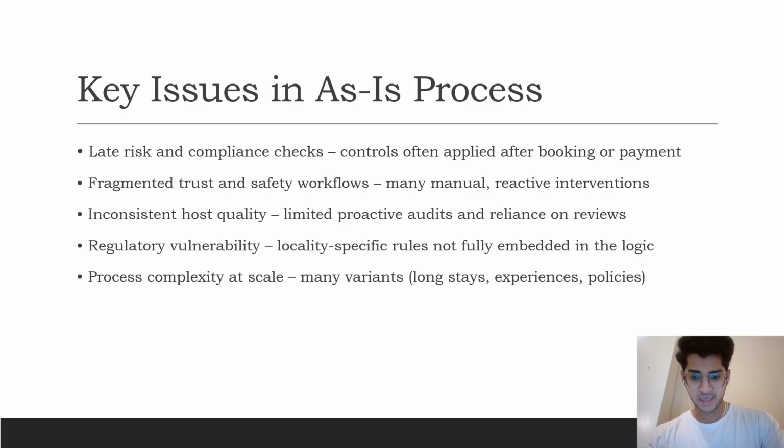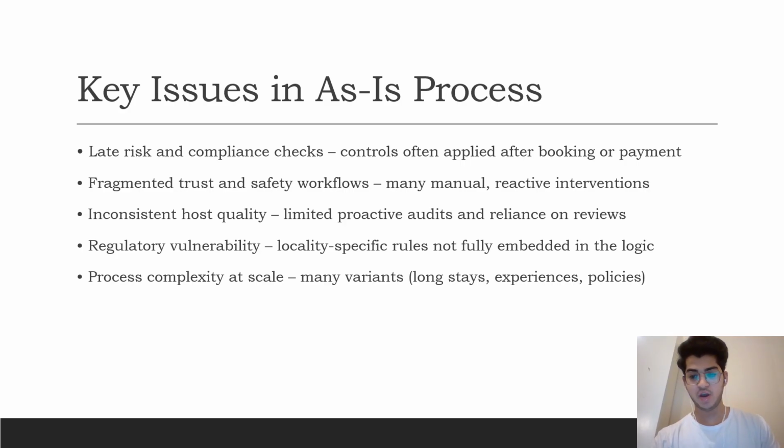Fourth, Airbnb is exposed to regulatory vulnerability because locality-specific rules like maximum night limits or zoning restrictions are not consistently embedded into the automated logic. The platform can inadvertently facilitate non-compliant stays. Finally, the process exhibits high complexity at scale.